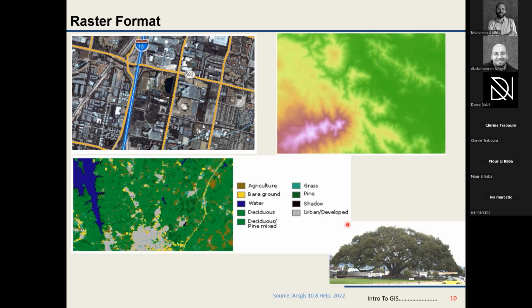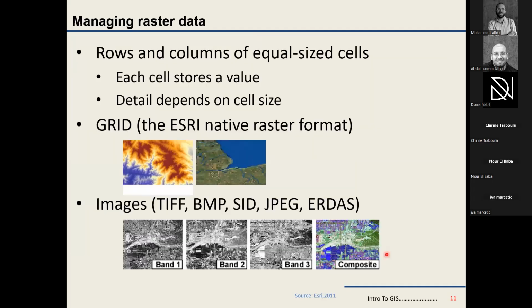And of course, we can have a normal raster that we all know about, a direct image of an object, and we can also store that in the database. So all of those can be stored in a database in one way or the other.